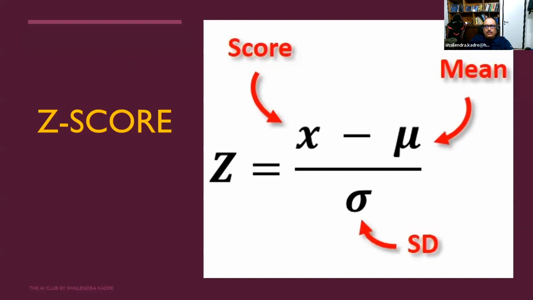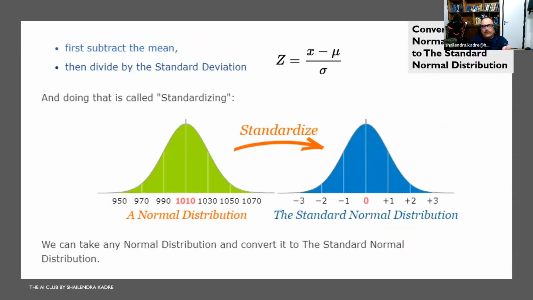Now by this formula, we convert X into Z, and then we plot different values. So we convert a normal distribution into a standard normal distribution. How? Instead of X, we plot Z. Is this understood?